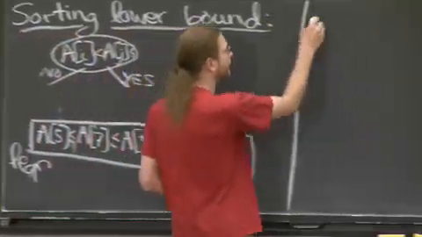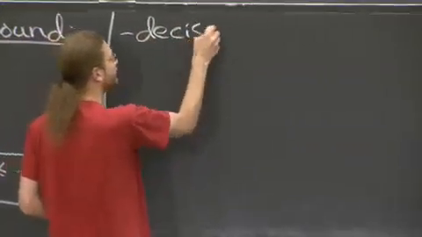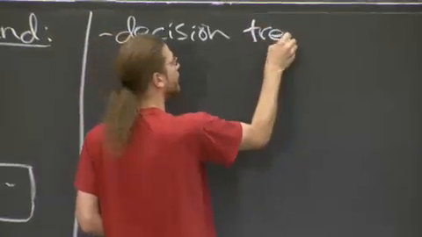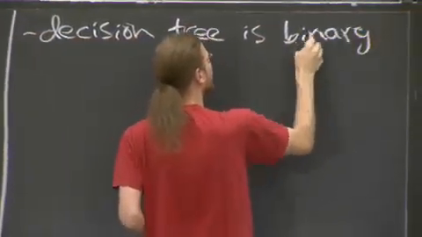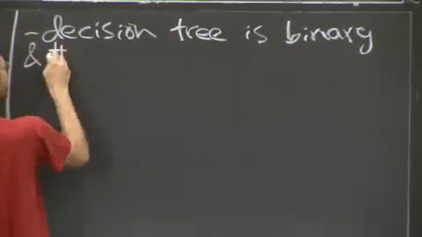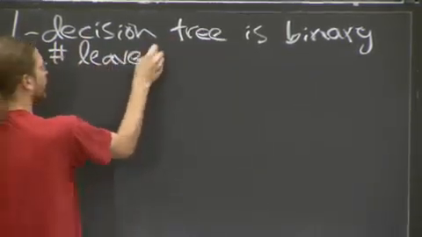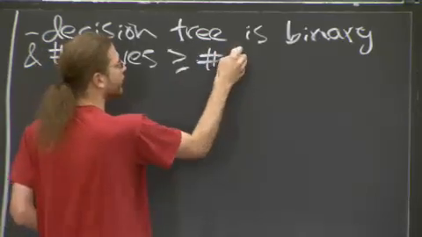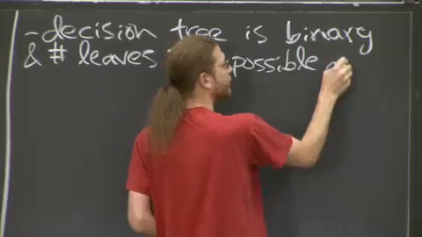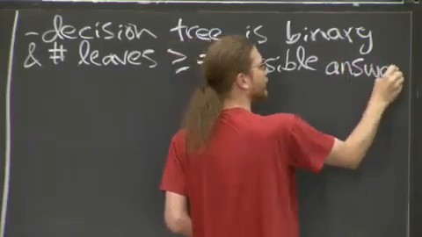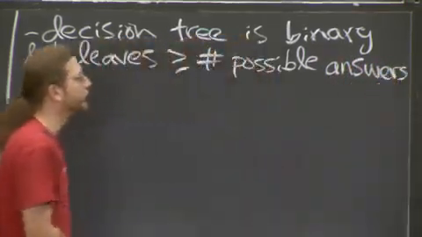OK, why? Because decision tree is binary. And the number of leaves has to be at least the number of possible answers. Could be more because each answer could appear in several leaves. And it probably will in a typical sorting algorithm.